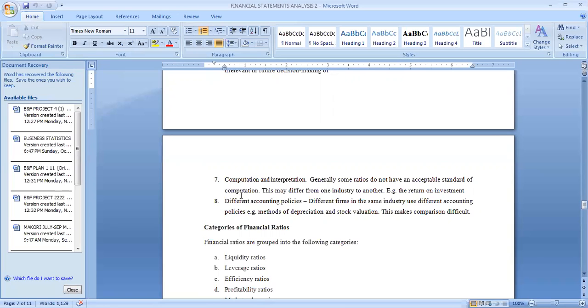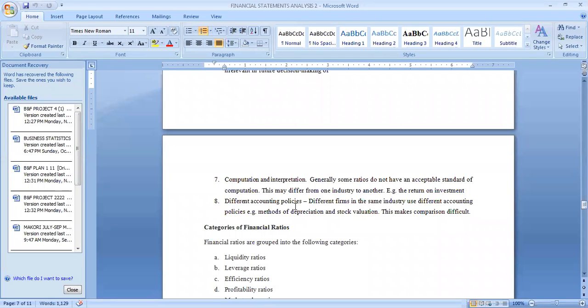So in one way or another, it is subjective, meaning that we should have a common standard in interpreting them. So I can compute them and say the organization is doing very well, person X computes them and says it is not doing very well, and therefore there is no uniformity.